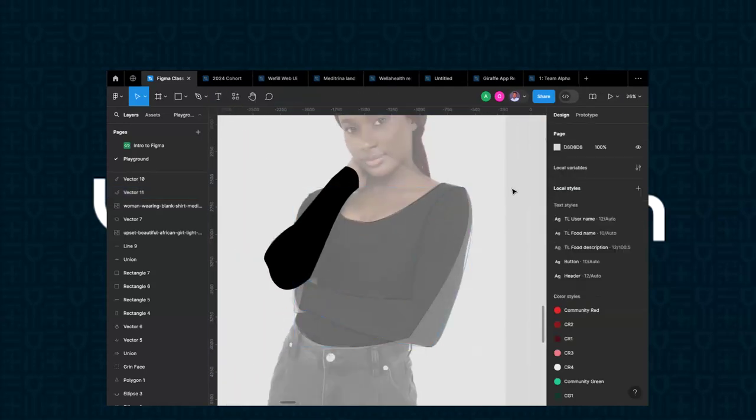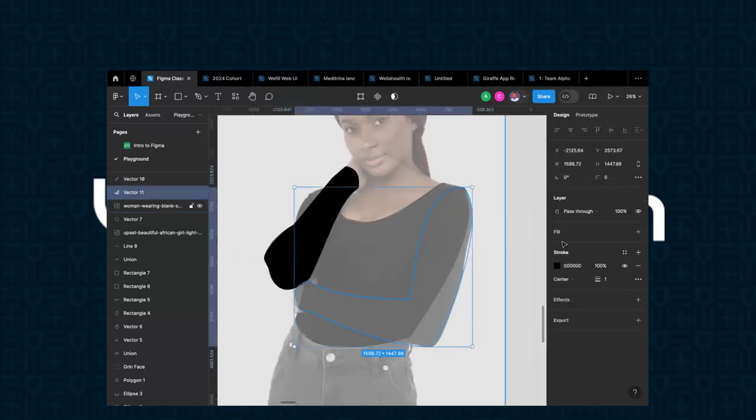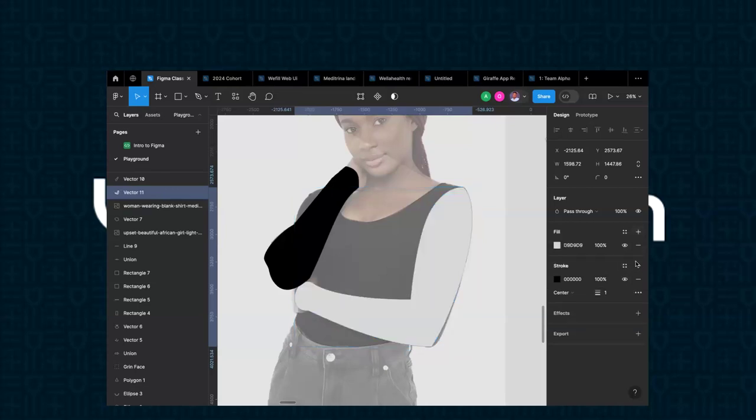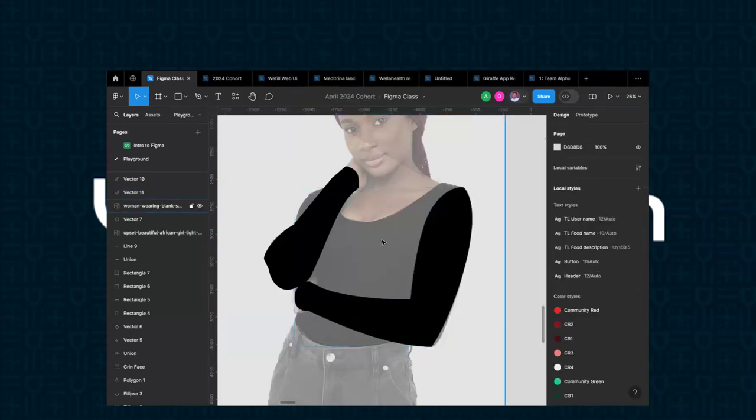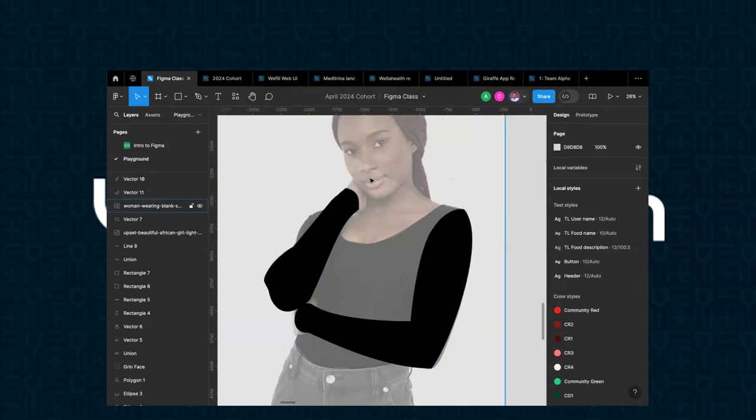Again, it doesn't need to be perfect. We're not trying to draw something that is indistinguishable from the human. So I'm going to paint this black again. So now we have the torso, we have the two sleeves. So now we have to start drawing the body.